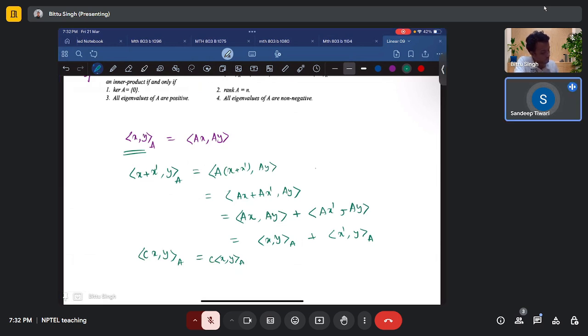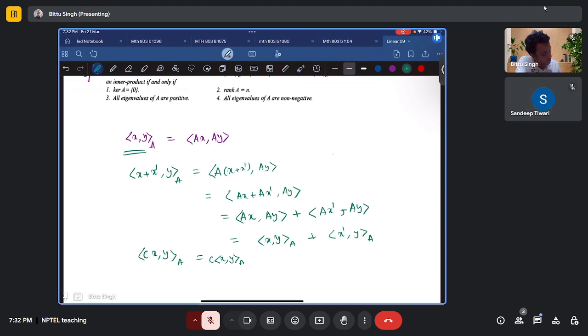Similarly, you can check the other component, just reversing those roles, and those will also be satisfied.